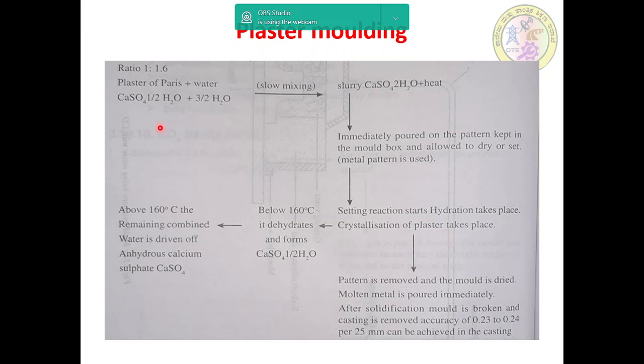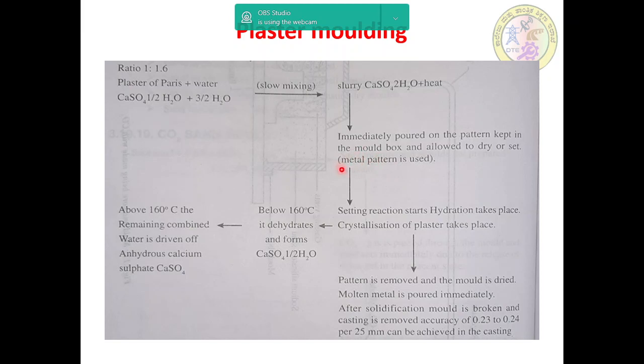In this process you use a ratio of around 1 to 1.6, that is plaster of Paris plus water. After slow mixing you get a slurry, and then immediately you can pour it over the pattern kept in the mold box and allow it to dry and set.